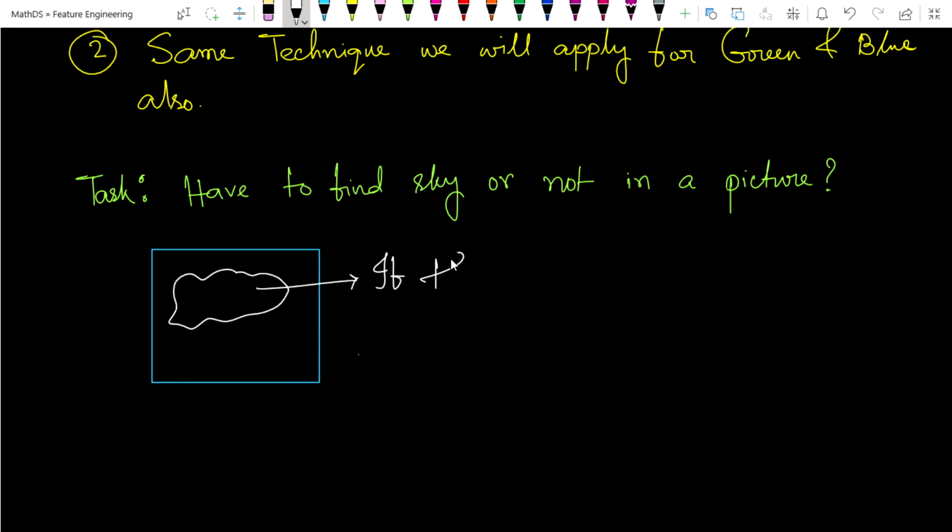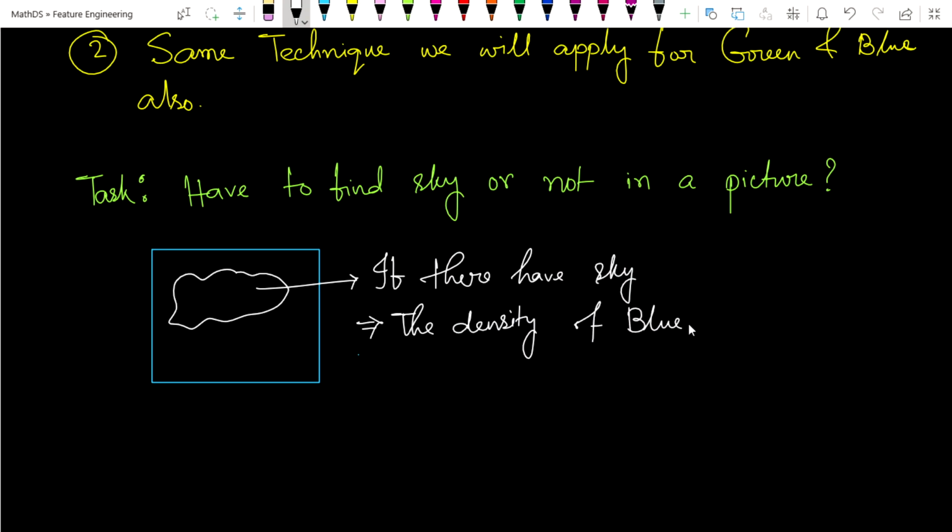If there is sky, that means the density of the blue color on that particular area is high. That implies the density of blue color is high.